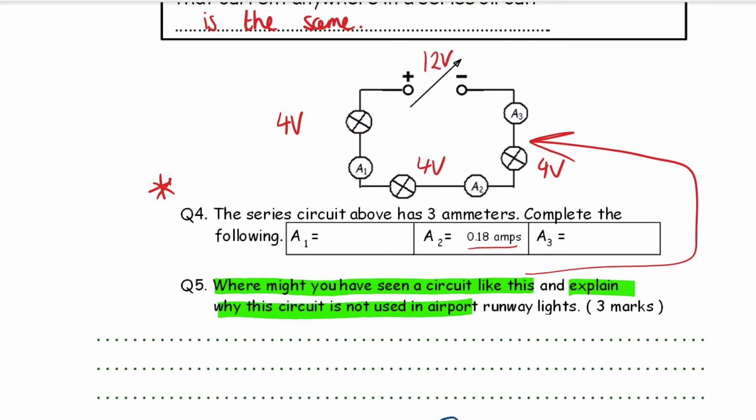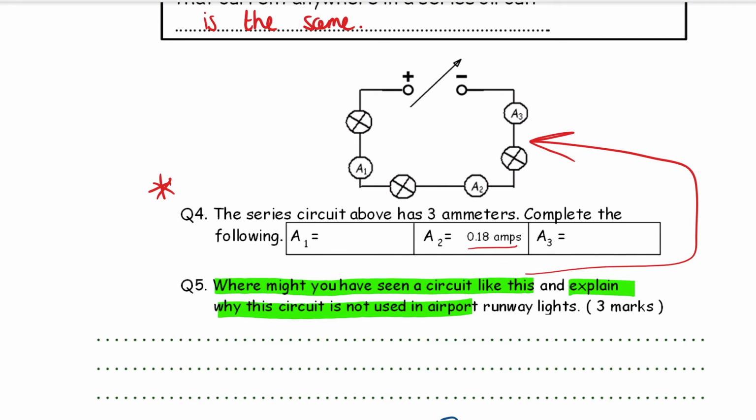That's not the case with parallel circuits. So in short, there's 2 reasons why you wouldn't use a series circuit in airport runway lights.